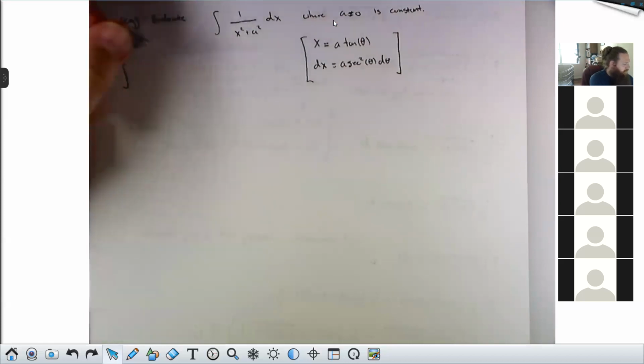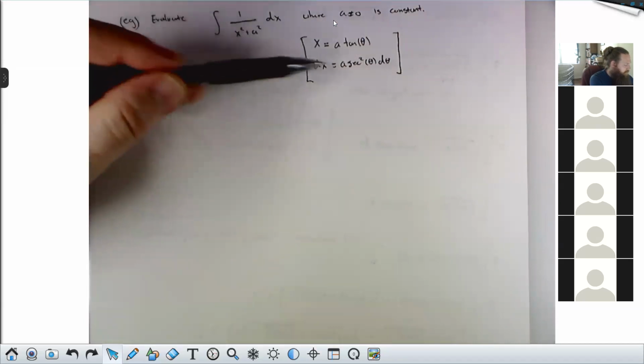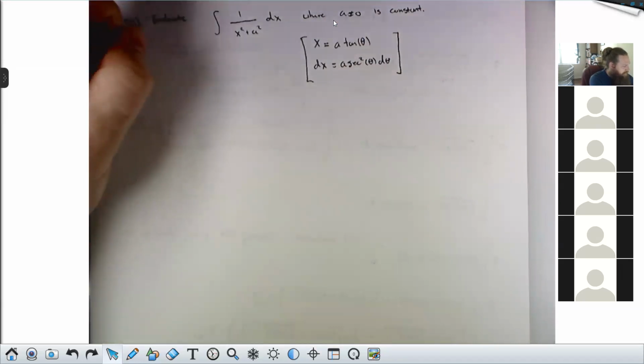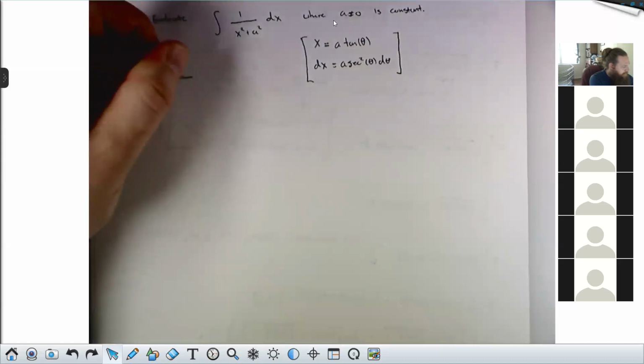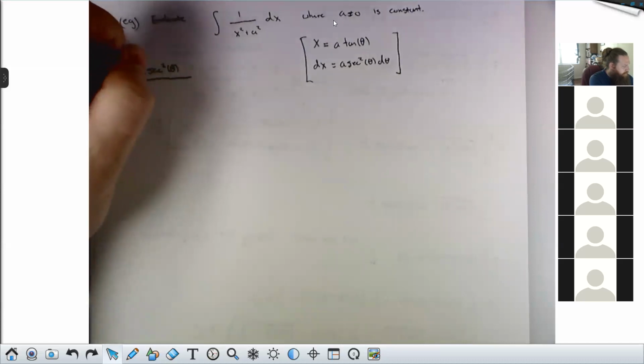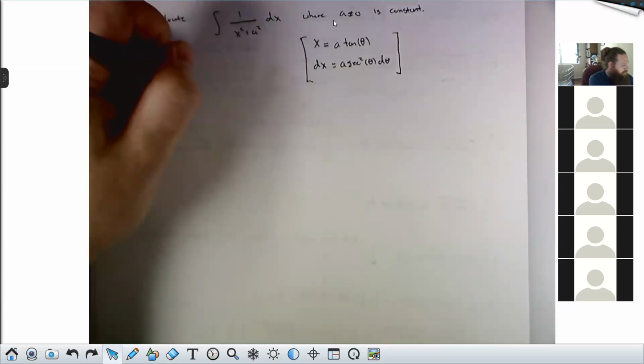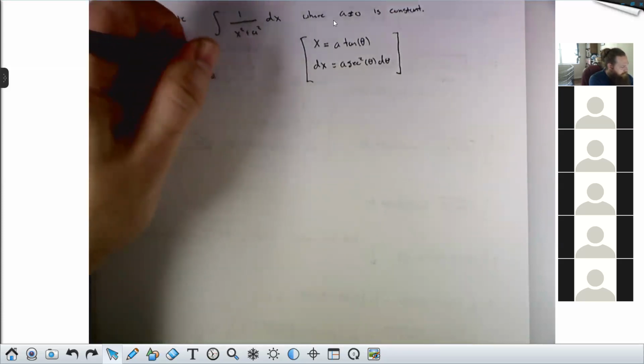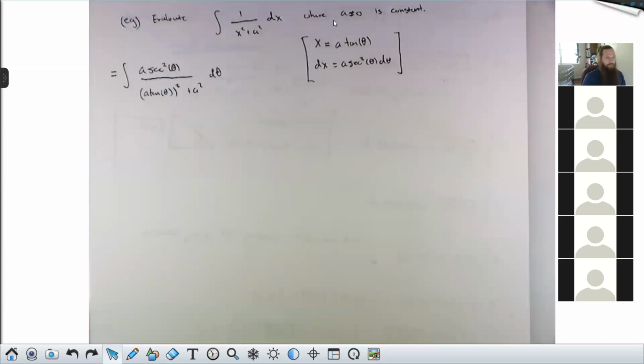Here I would have 1 over this stuff times the differential. I'll put the differential upstairs like we did on the last problem. And then downstairs, x squared plus a squared, that's a times the tangent of theta all squared plus a squared, and your d theta is over here. The a secant squared theta is coming from the differential.